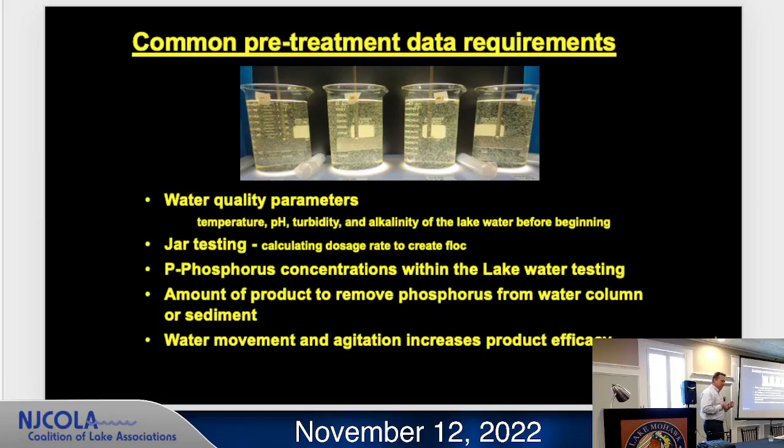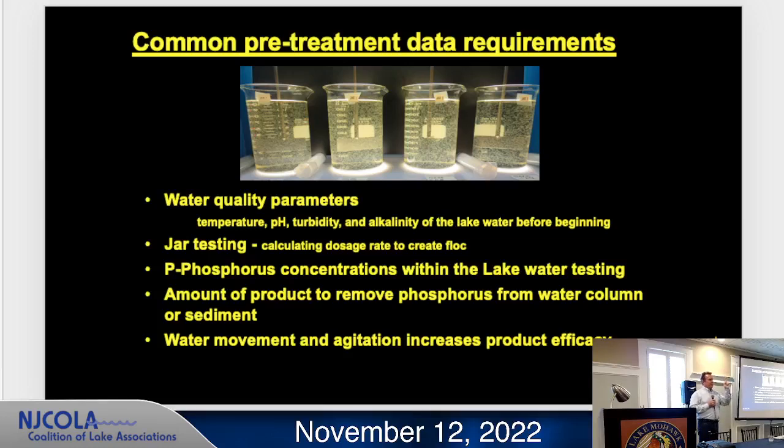When we do a jar test, we take our lake water sample, put it in our beaker in the lab, spin it around and keep adding the product. This is mainly done with alum. We'll put it in until eventually it snaps, and all of a sudden it creates a flock.